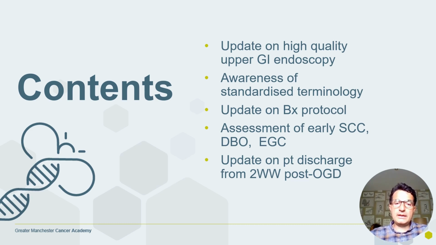I will then talk about the three most common early cancer lesions in upper GI, namely early squamous cell carcinoma, dysplastic Barrett's esophagus, and early gastric cancer. Finally, I will give you an update on how to discharge patients from two-week pathway post-gastroscopy.